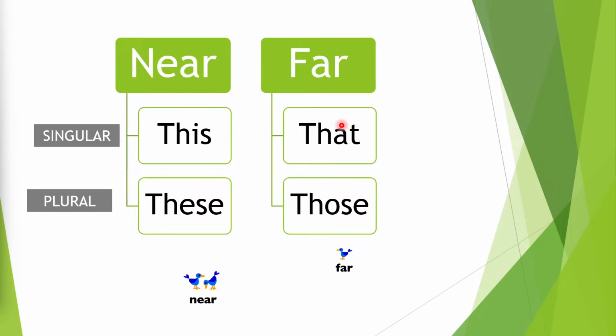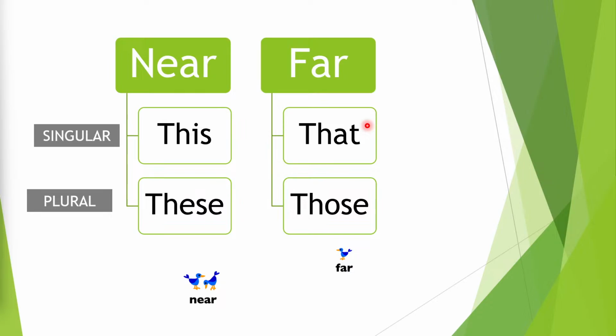But of course I cannot interchange. Okay, guys, it means that I cannot say that pen because I have it in my hand, right, guys? So this is obviously not far. So I would say this pen. Okay, so just for you to also take that into consideration, right, guys? That pretty much it depends on the perspective, but it has to make sense. Okay, guys, it has to make sense with the distance and the context and everything.